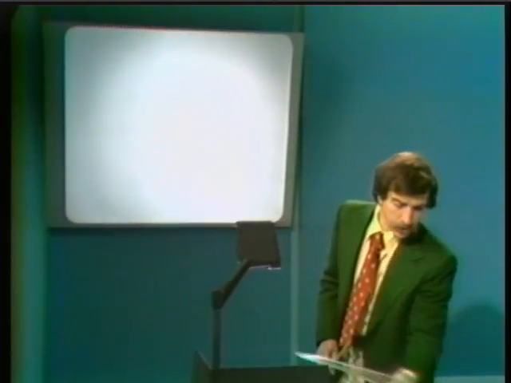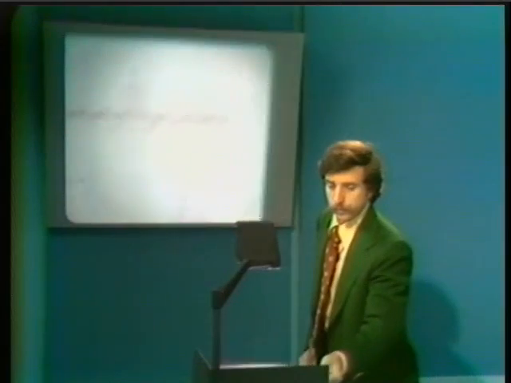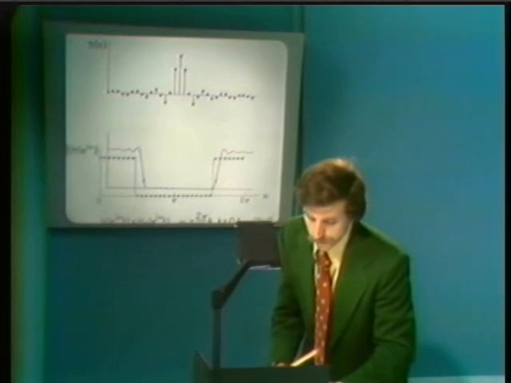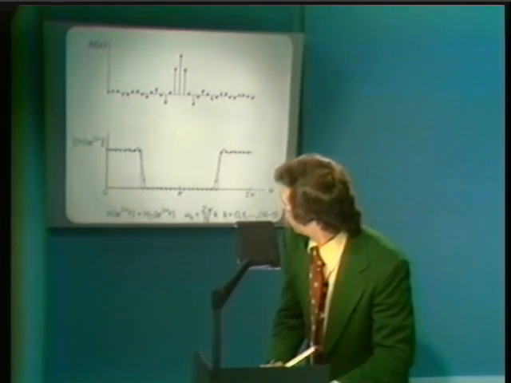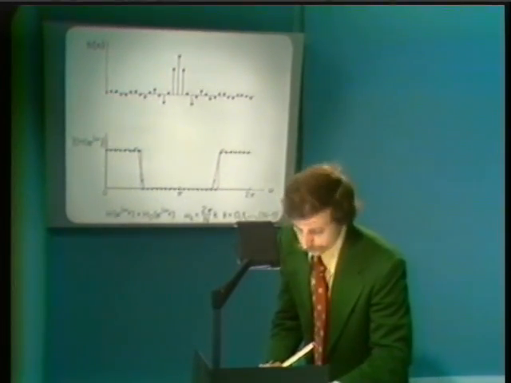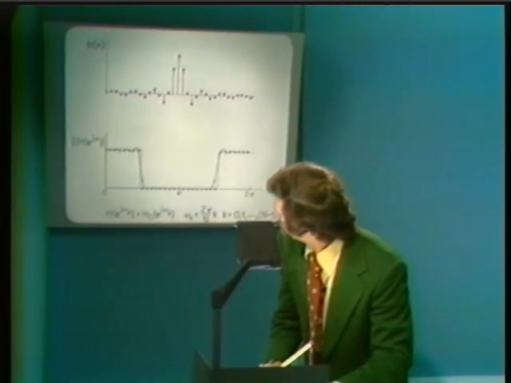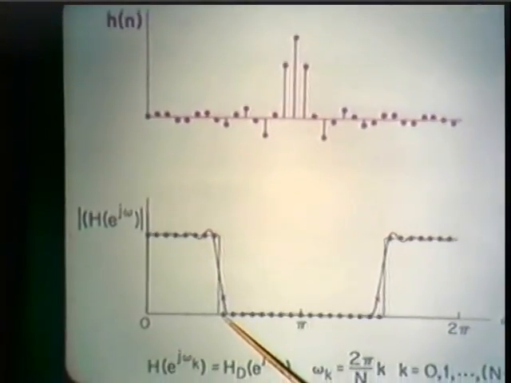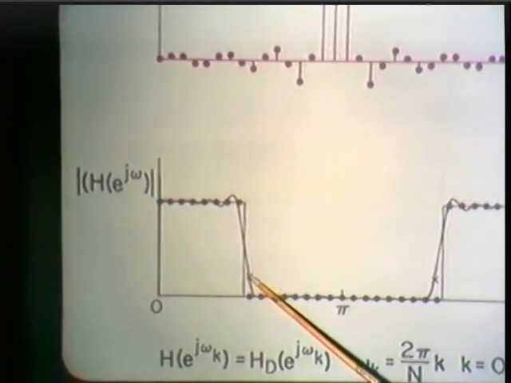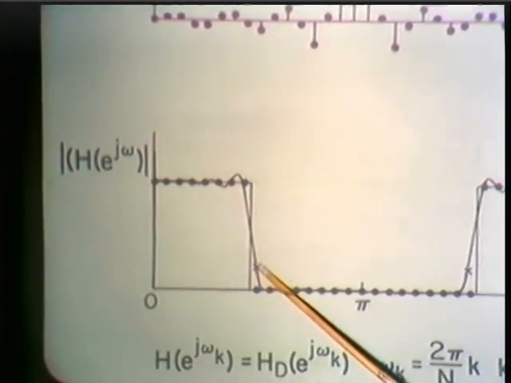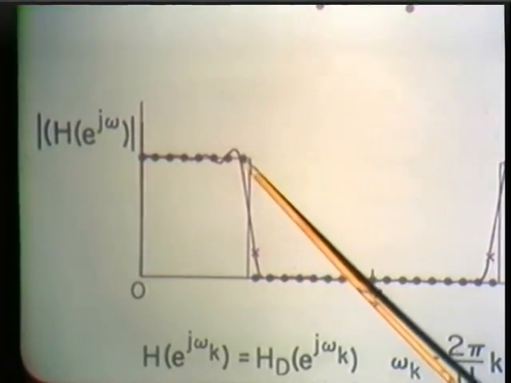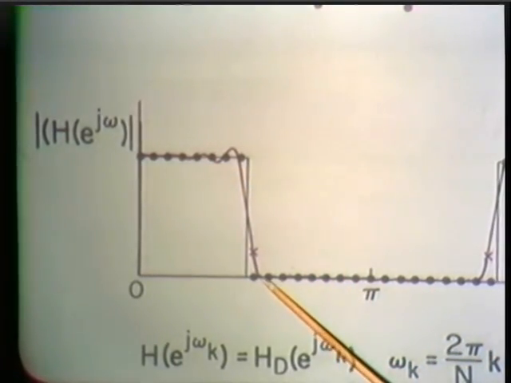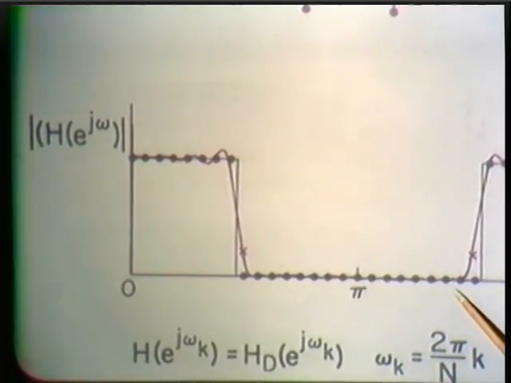And let me illustrate that here, where now what we've done is to take one of the frequency samples in the stop band and move it up into the transition band. As we do that, you can see for this particular example, the passband ripple hasn't changed too much, but in fact the stop band ripple has changed somewhat dramatically.